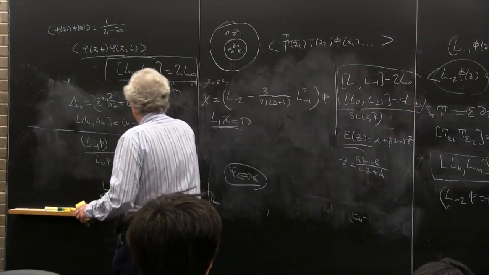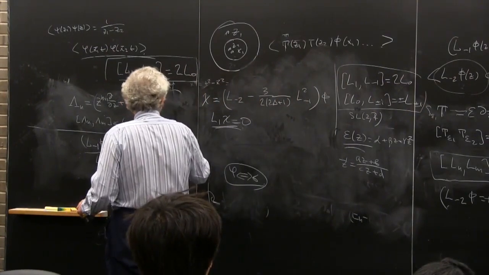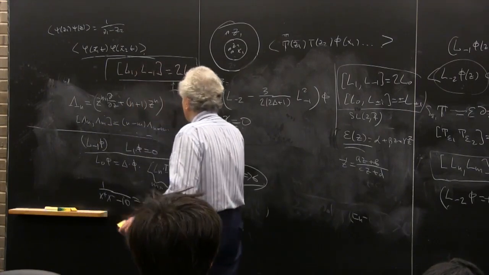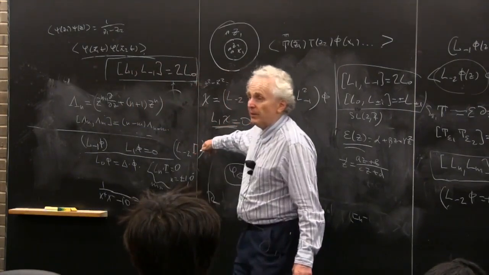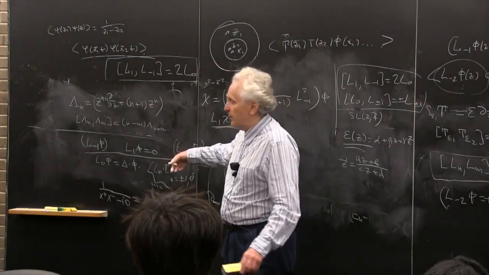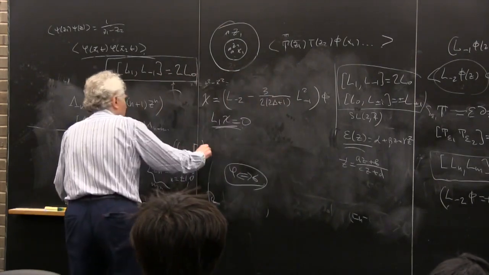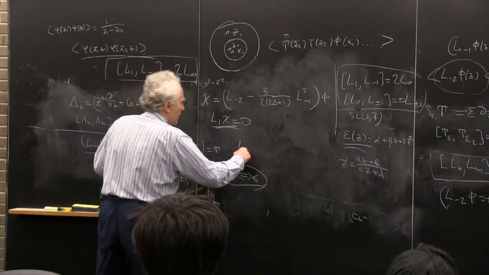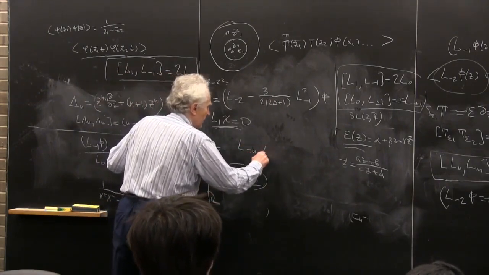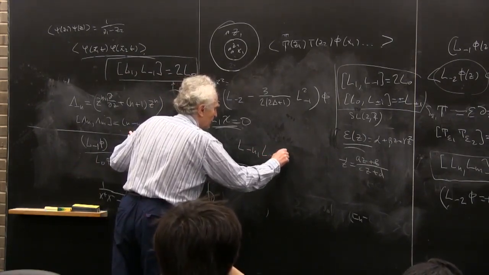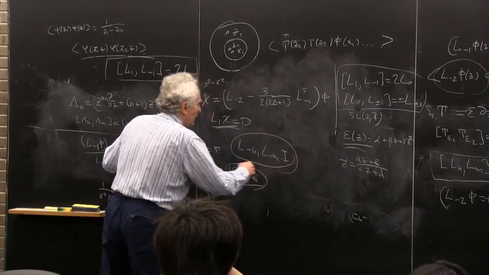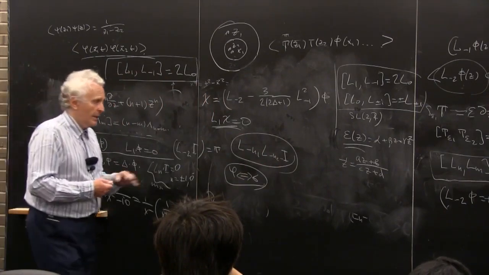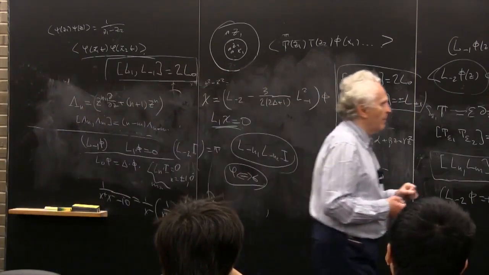And by the way, L minus 2 applied to the unit operator is not 0 anymore, and that's the Goldstone field. L minus 2 I is T of Z. And all other descendants, you can take the descendants of the unit operator, and they all will correspond to various Goldstone bosons, or combinations of Goldstone bosons.